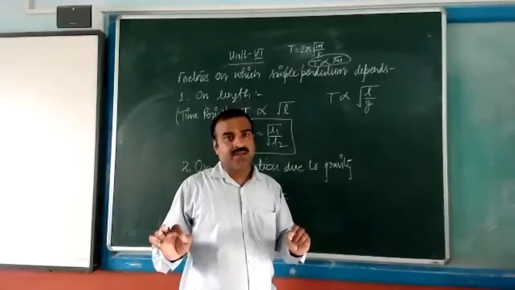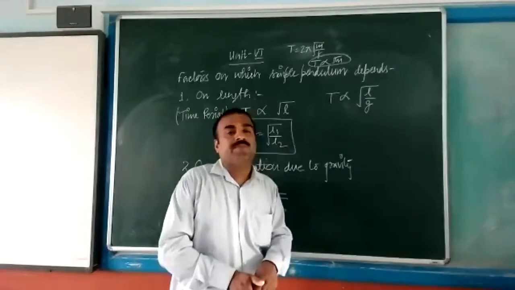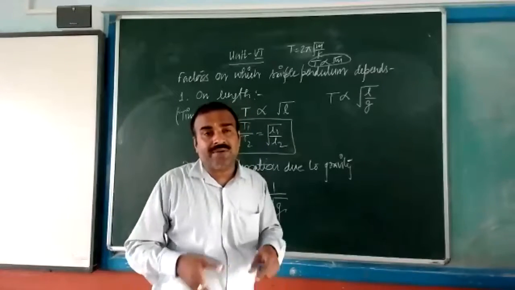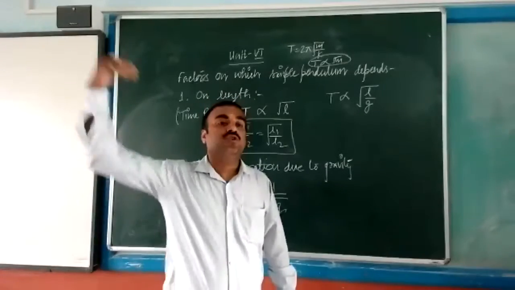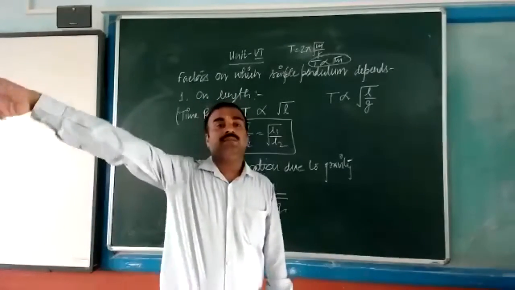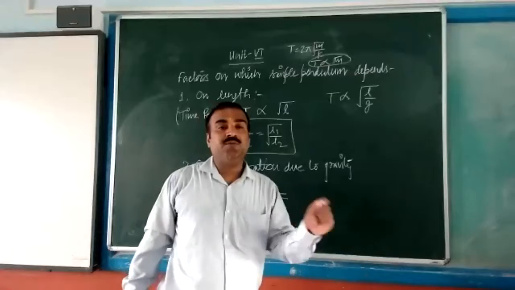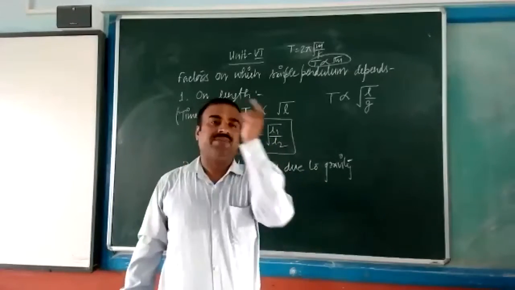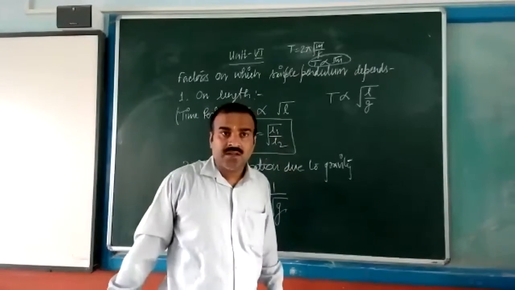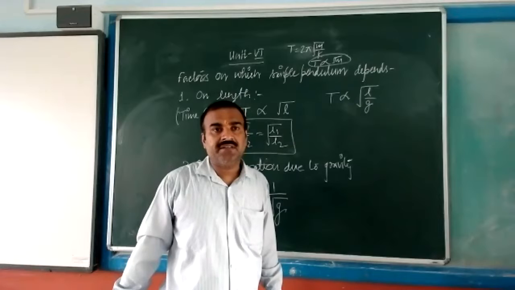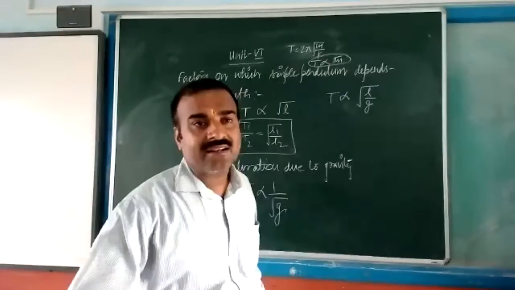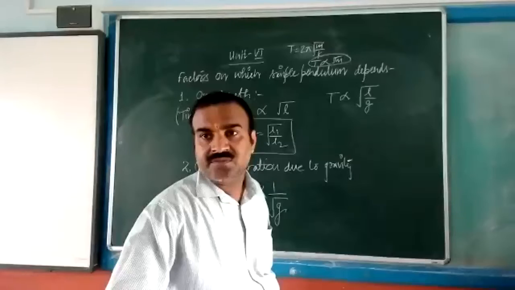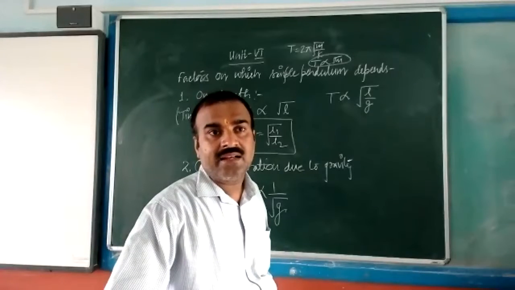Suppose the value in Gorakhpur is 9.812 meter per second square. In Agra or Delhi, it will be different, like 9.845. Ayushi, clear? Yes, sir.